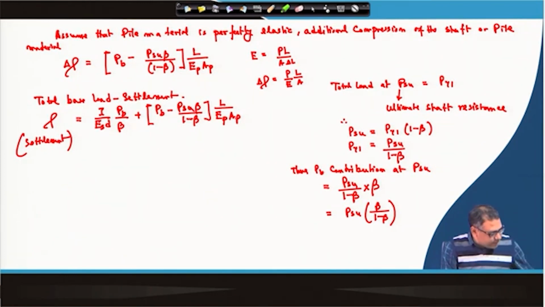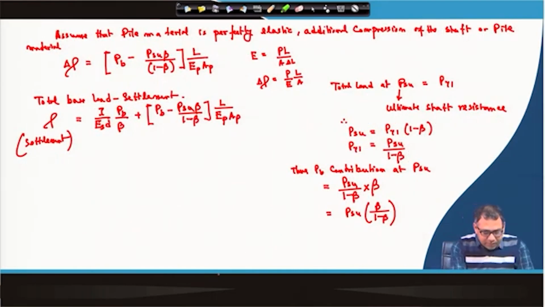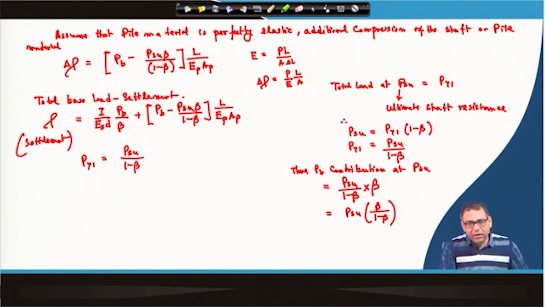As I mentioned, we have to determine these 4 quantities. P y 1 we can now write this way: P y 1 is equal to P s u divided by 1 minus beta. Beta I have discussed, I will get by elastic analysis.